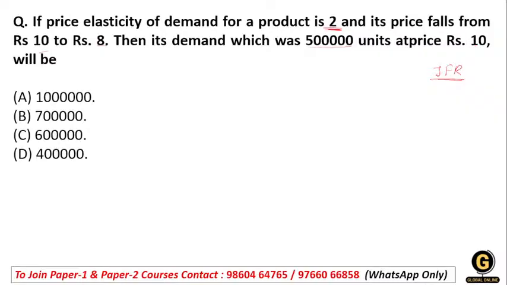So how do we calculate this, students? To calculate this, the elasticity of demand is the percentage change in quantity divided by the percentage change in price. This is the formula, isn't it, students?